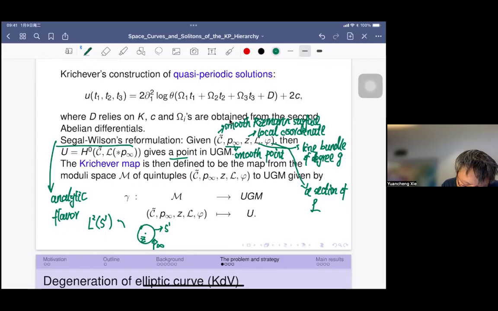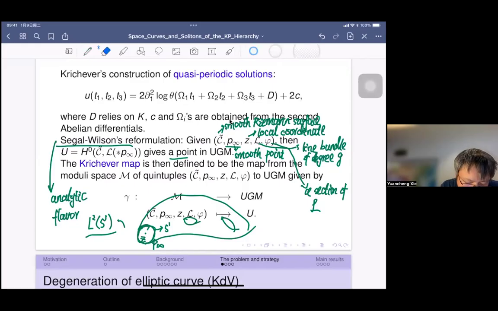And then we consider the L2 space on this S1. And then this will give us a decomposition of these functions in this space. So half of each will be analytic inside the disk. And another half of each, we imagine that this is a disk on some Riemann surface.